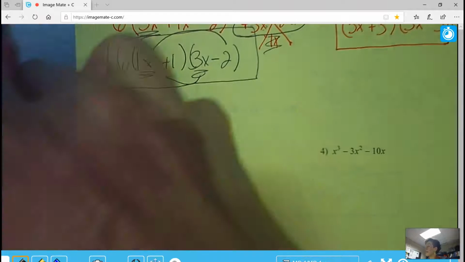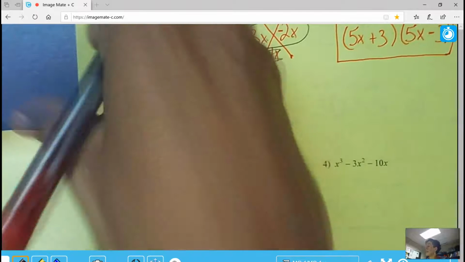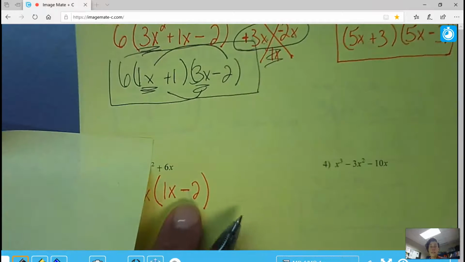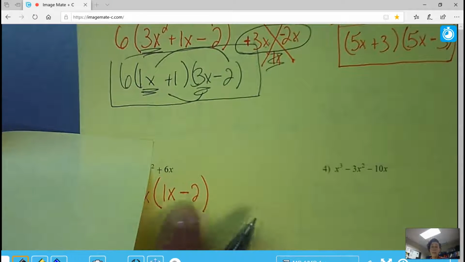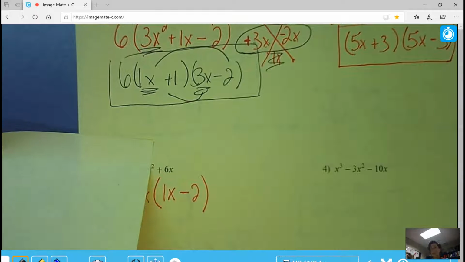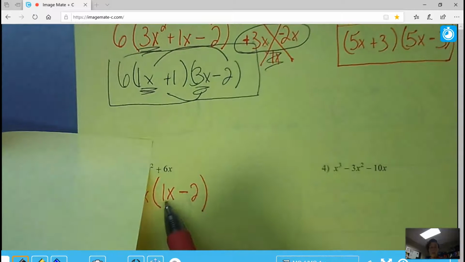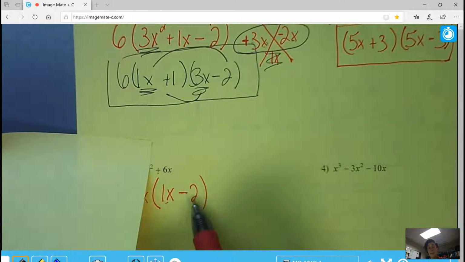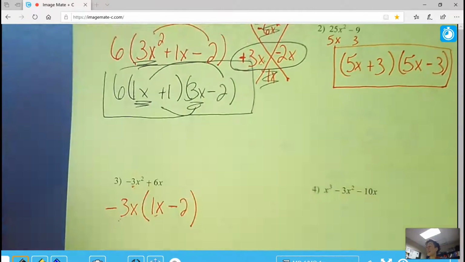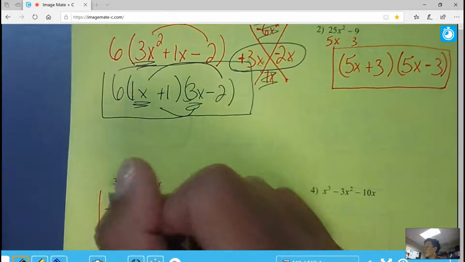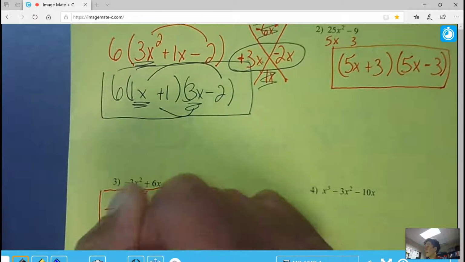So covering that up, now I will see, since there are 2 terms, is there a difference of squares? So there is a difference, but 1 and 2 are not perfect squares. They are not in that diagonal. 1 has a square root, but 2 doesn't, and x does not have a square root. So this, as it turns out, is it. Our only factoring we could do was the GCF.